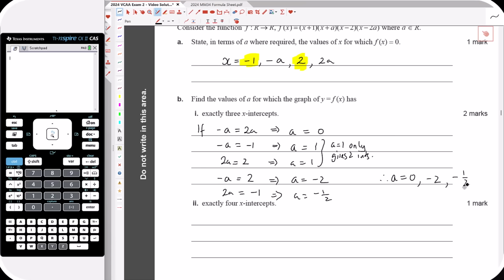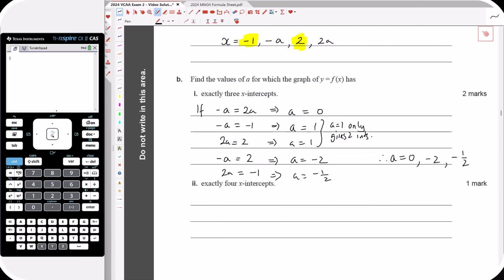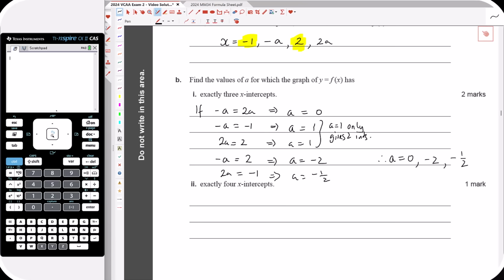So just being careful about that a equals 1 option. It actually doesn't end up giving us 3 unique intercepts. It only gives us 2. So for exactly 4 intercepts, we would want them all to be different, okay? And that's going to happen if a is anything except for the values we've calculated up here, and also except for 1, because we know that only gives us 2 x-intercepts.